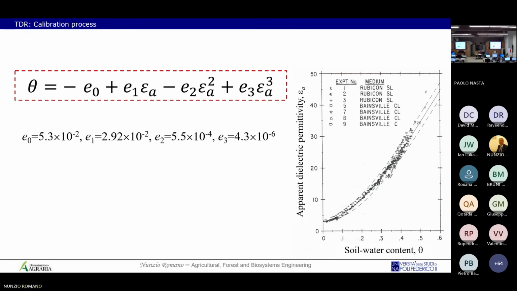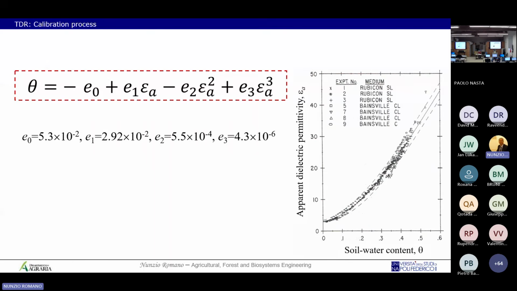So again, the calibration process, if you want to use the calibration equation that you see in this slide, you have to take this as it is.